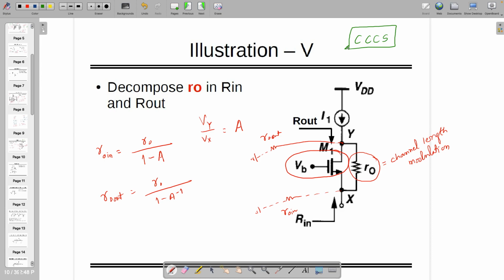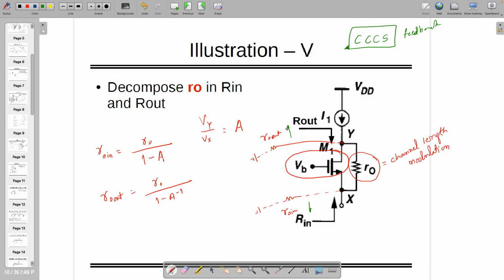RO is actually very high. Anyway, if we are going to keep this current control current source in feedback through resistance, what are you expecting? Input resistance has to improve or what should happen in your opinion? It should decrease, right? In closed loop it has to decrease, and output resistance has to, that is what is happening or not?